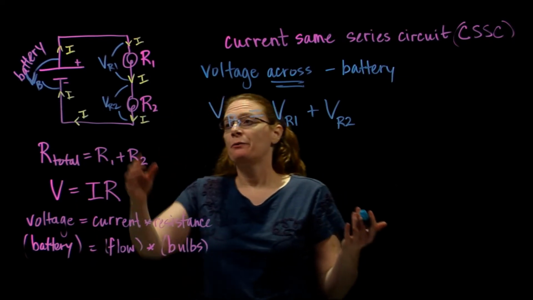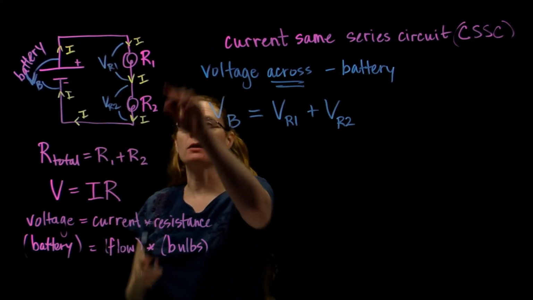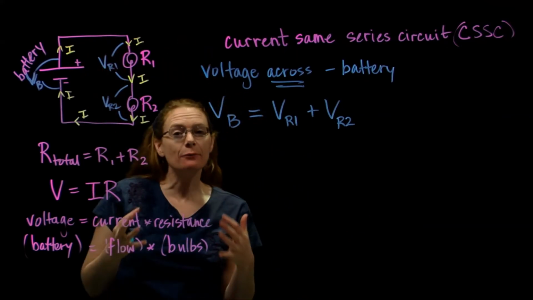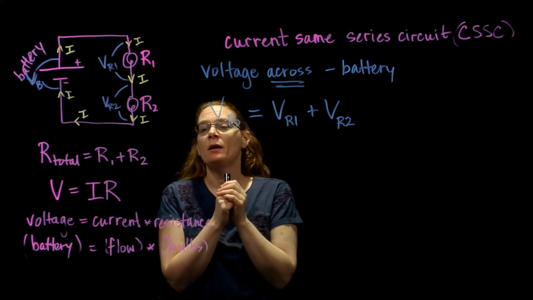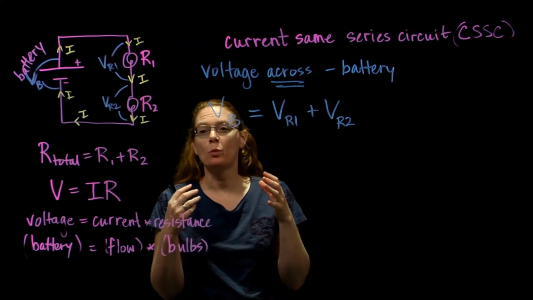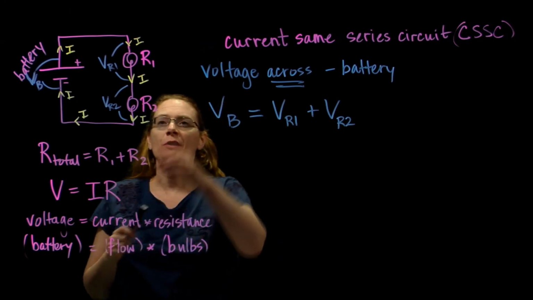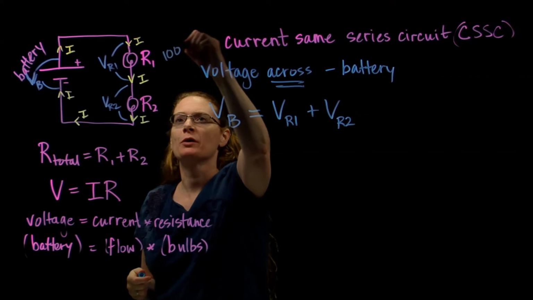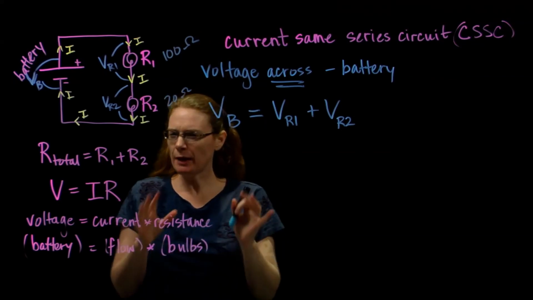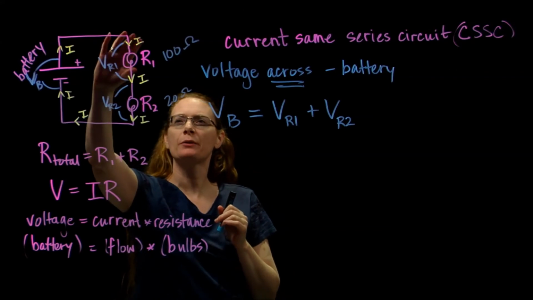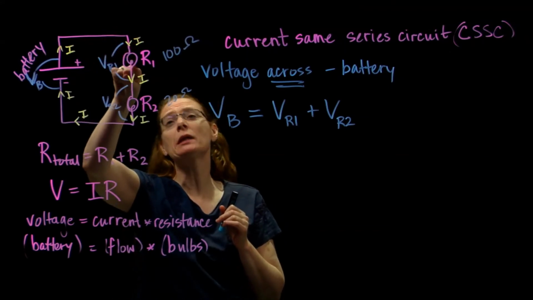So for equal resistors, the voltage is shared equally, but if one of these resistors is more difficult than the other, is harder, it's more resistant, then that resistor is going to need more of the push in order to get those charges through. So if this was a 100 ohm resistor and this was a 20 ohm resistor, well, it should make sense that most of the voltage is going to be used up pushing the charges through this really, really, really hard resistor.